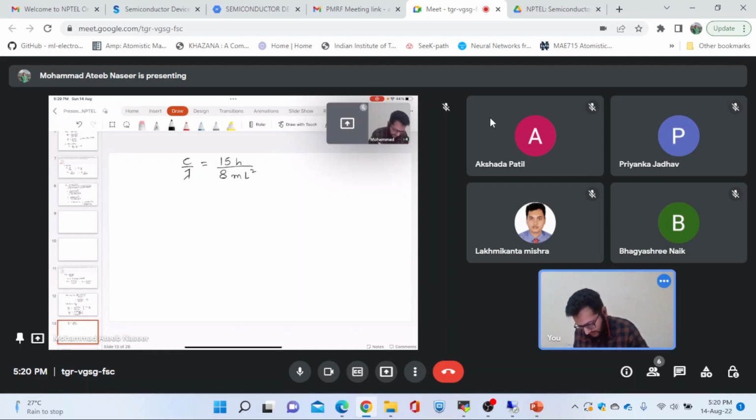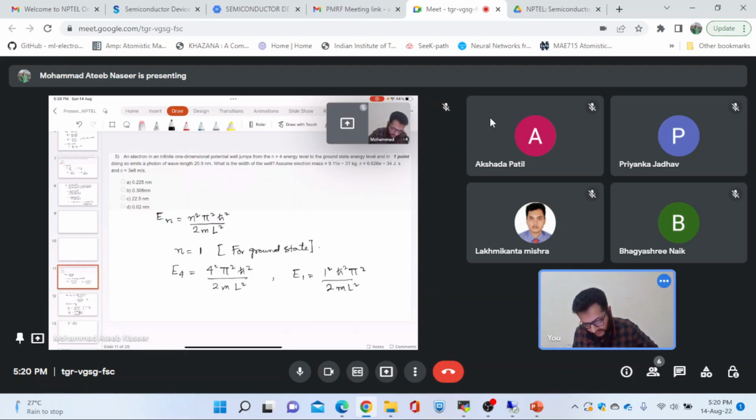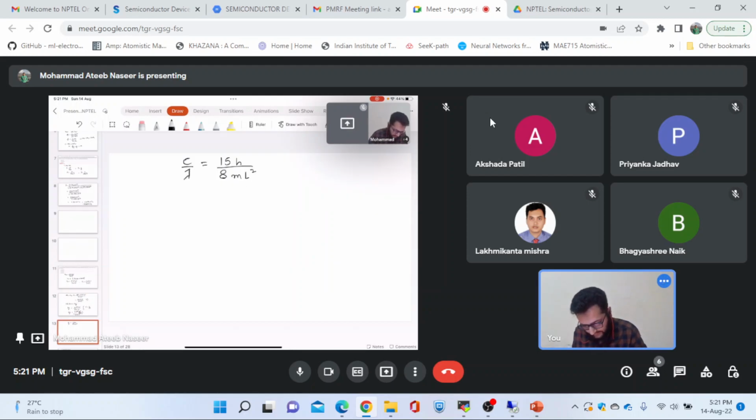Now, since we are required to find the width of this well, which is the 1D potential well, we will simply transfer this L to the other side, and it will become 15h lambda by 8mc. Now let us substitute the values for h, lambda, mass and the velocity of light.